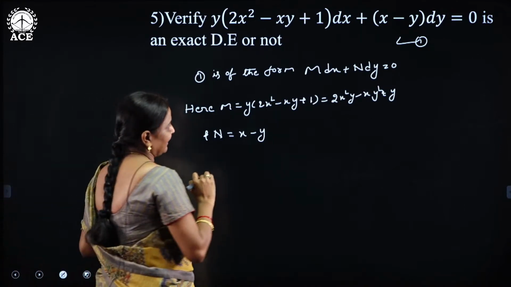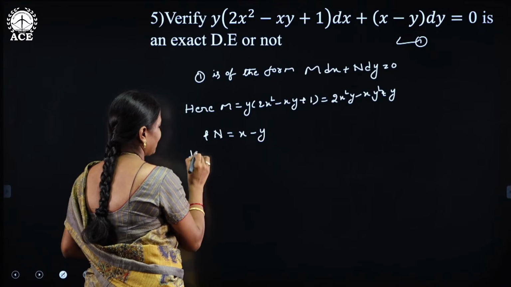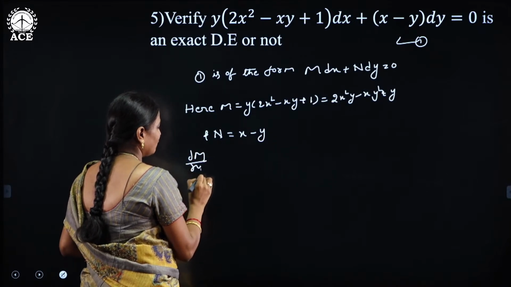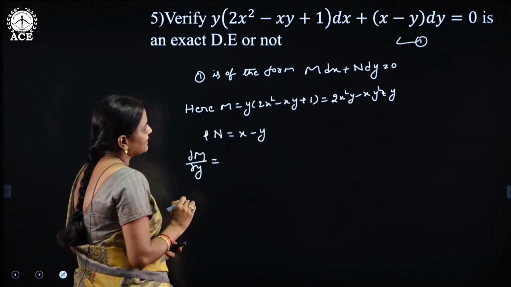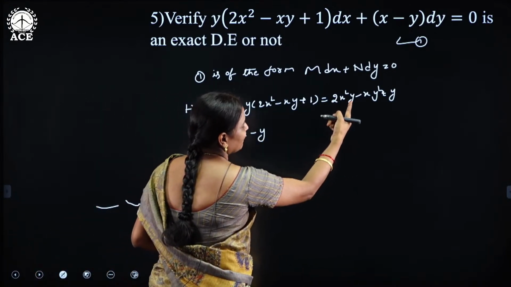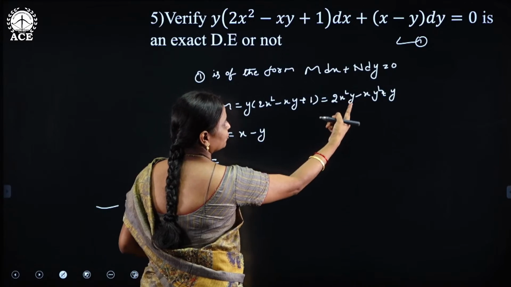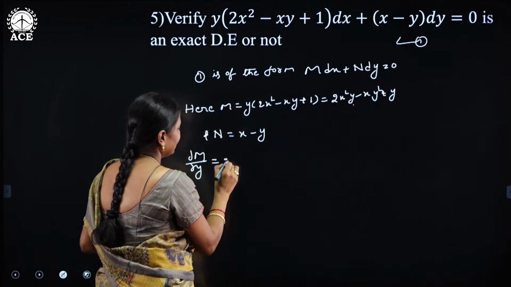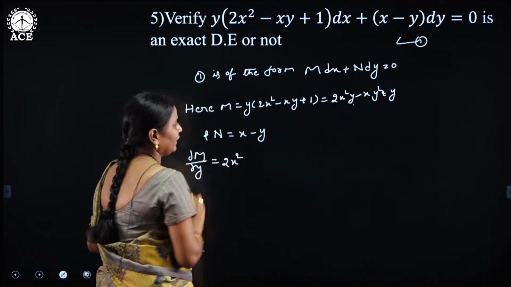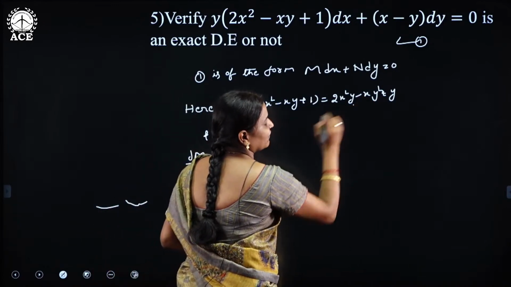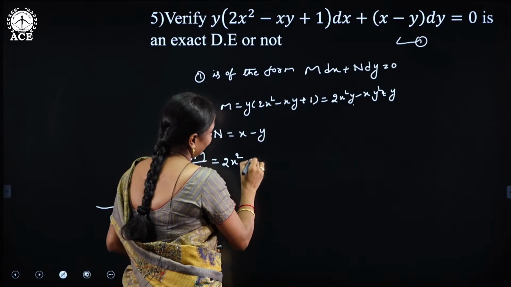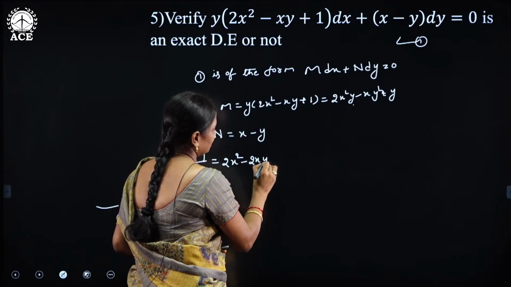So, to check that condition, first partially differentiate m with respect to y. Dou m by dou y. So, what is dou m by dou y? Here, differentiation is performed with respect to y. Differentiation of y is 1. Its coefficient is 2x square. Minus, here, x is the constant. Differentiation of y square is 2y. That is 2xy.